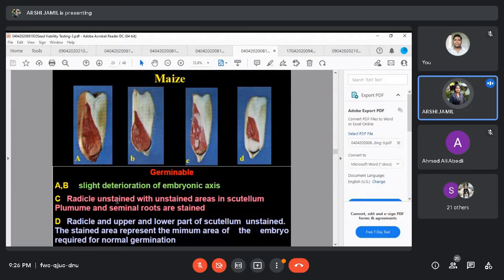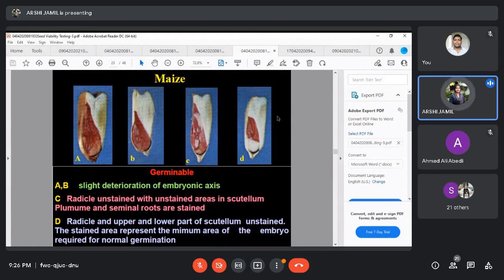In figure C, the radicle is unstained, while plumule and the seminal roots are stained. In the last figure the radicle and the upper and lower part of the scutellum are unstained. The stained area represents the minimum area of the embryo required for normal germination.